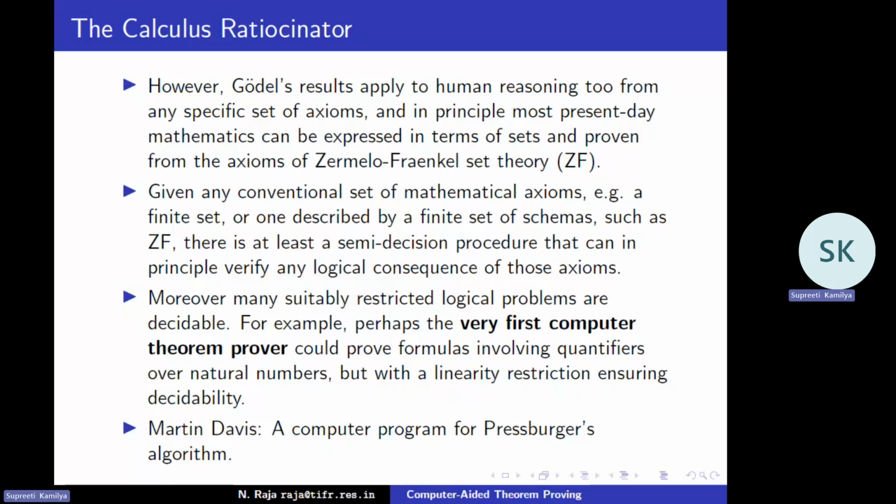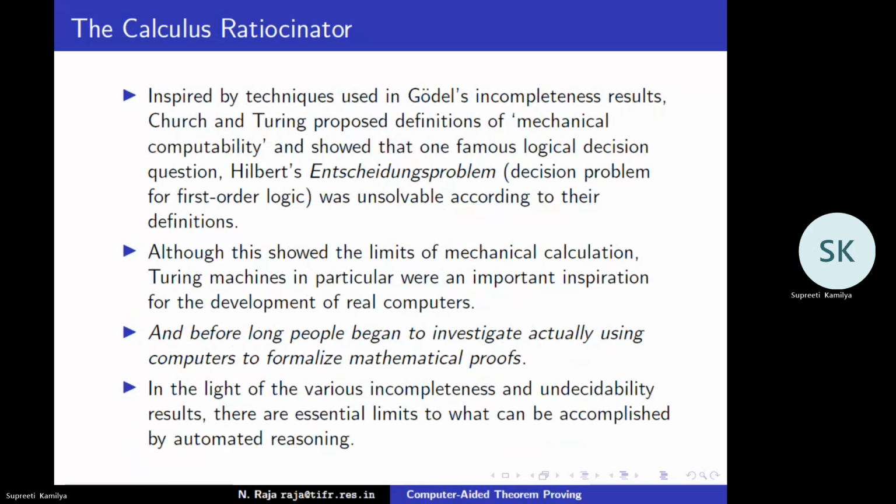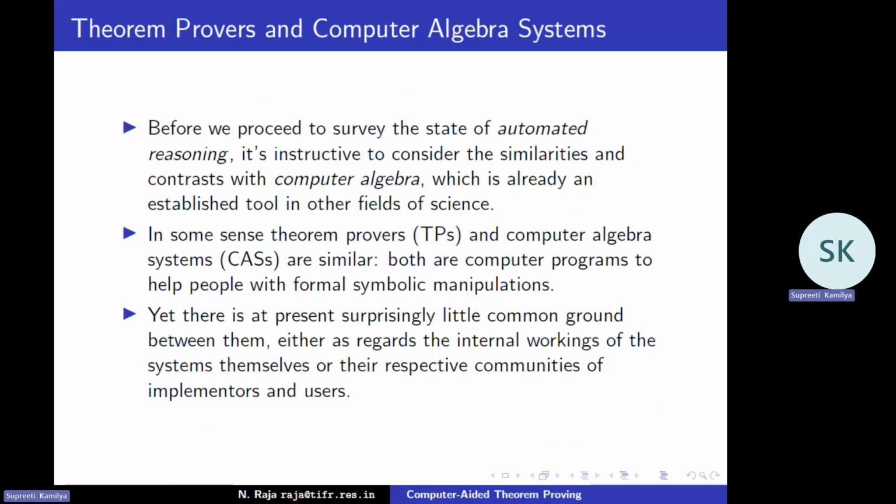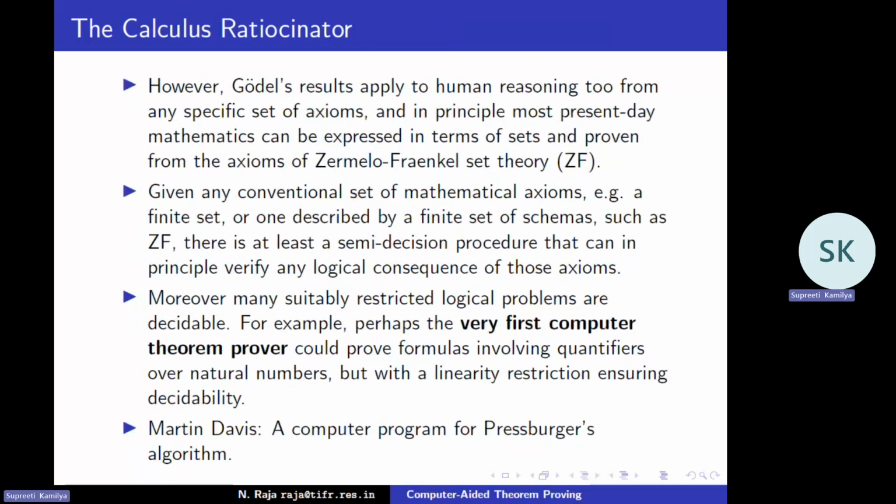So decidability is crucial to us. So that was some kind of a historical survey, which I stopped with the first computer program that came around for doing mathematical proofs, which is from Martin Davis.